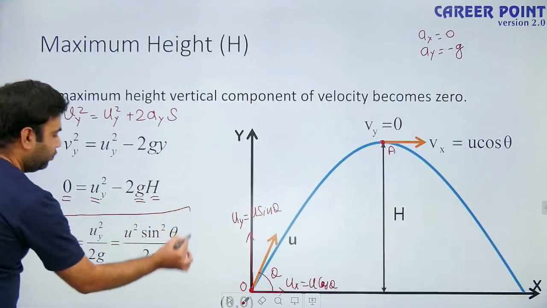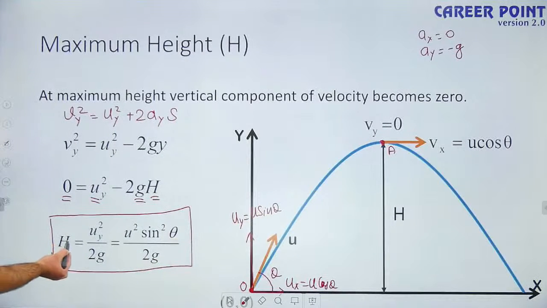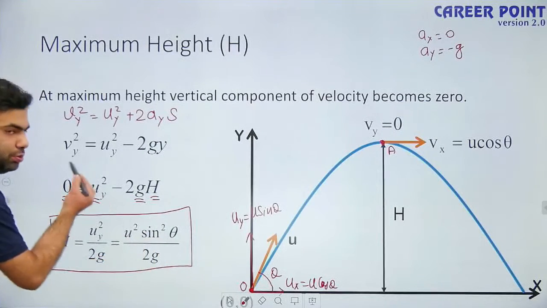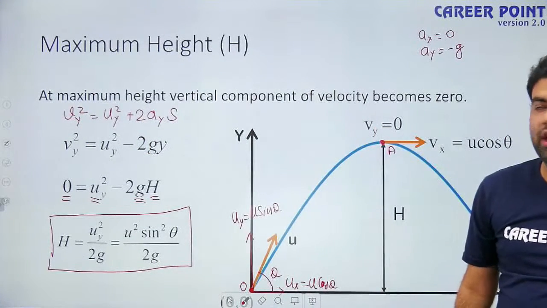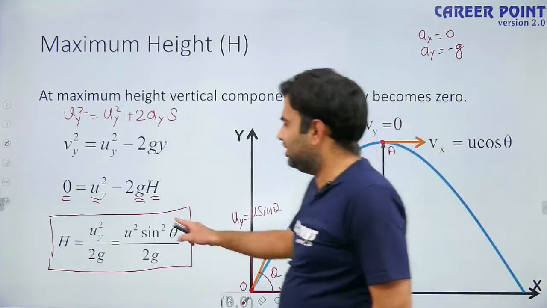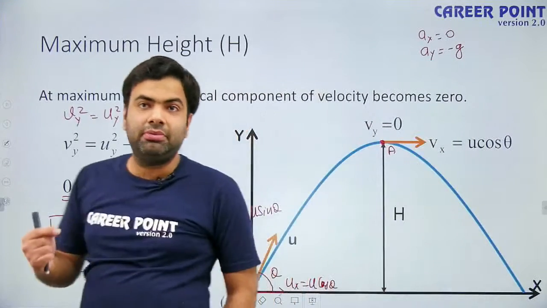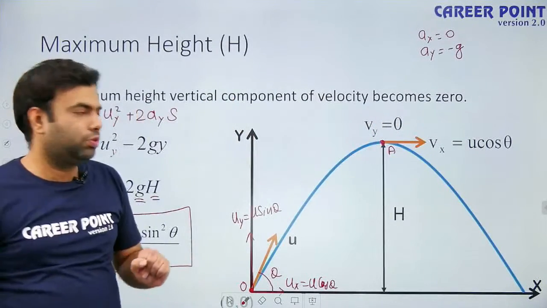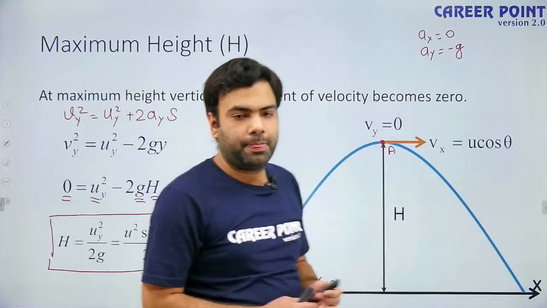Uy means u sine theta, so maximum height is u square sine square theta divided by 2g. This is the derivation of maximum height attained by a projectile. At maximum height, velocity in y direction is 0, which is why I am applying the equation of motion from O to A.